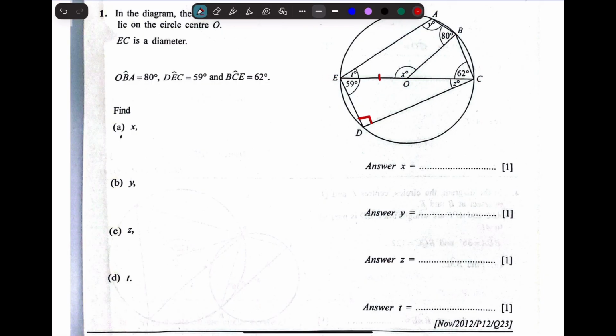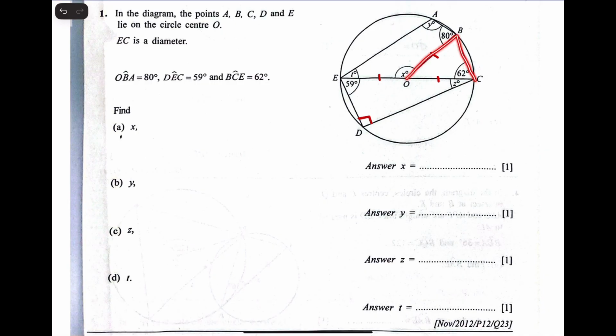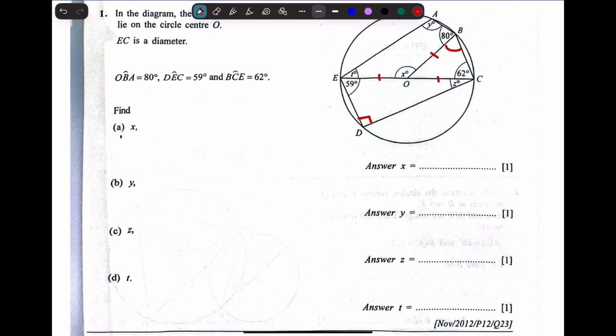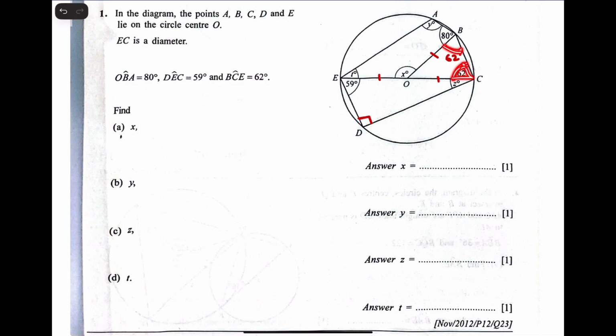Let's mark them. Marking the radii helps because you're able to identify isosceles triangles. As you can see, hopefully, triangle OBC is an isosceles triangle. If this angle is 62, since these two lines are equal, they're the radii, this is also going to be 62, right? And if two angles of a triangle are known, we can find the third angle.